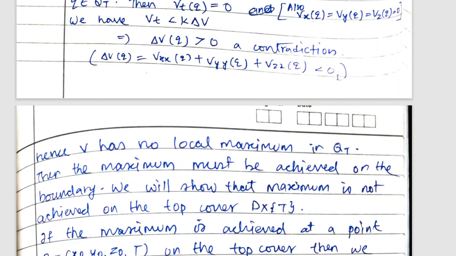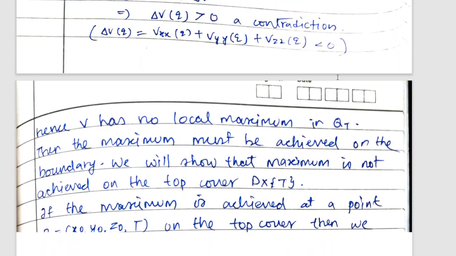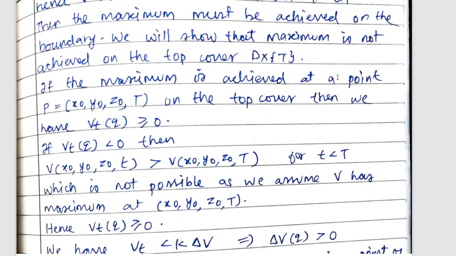Hence we cannot have a local maximum at some point inside the domain, inside Qt. So we have no local maximum in Qt. Now if it has no maximum inside Qt, then the maximum must be achieved on the boundary.